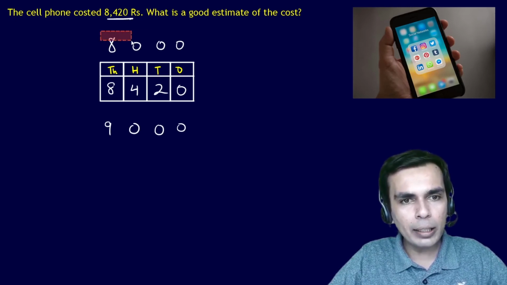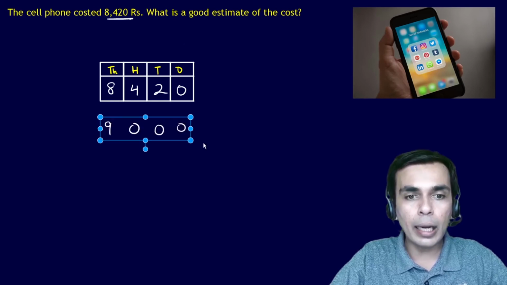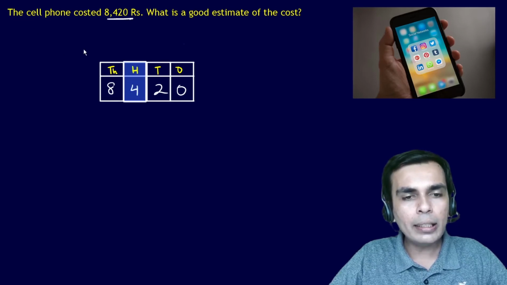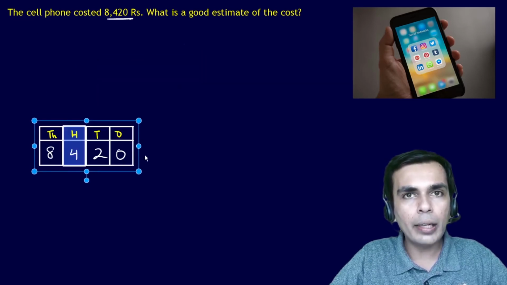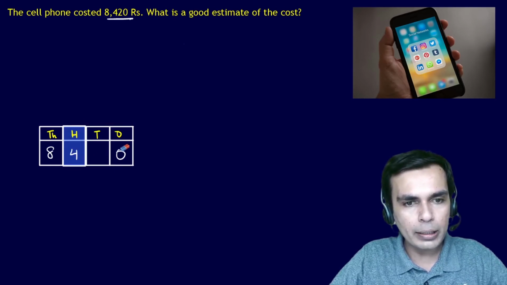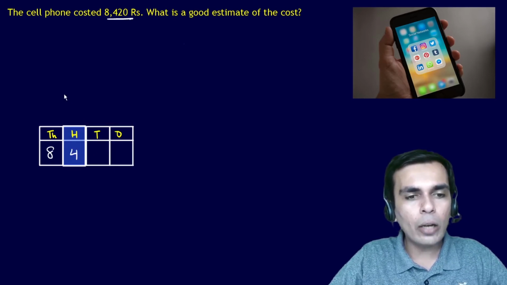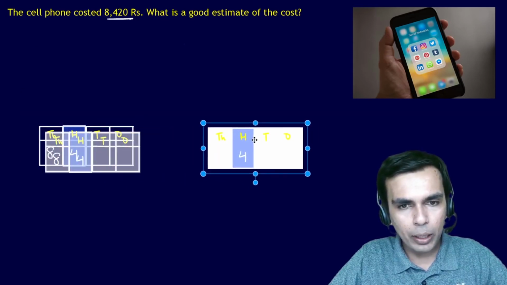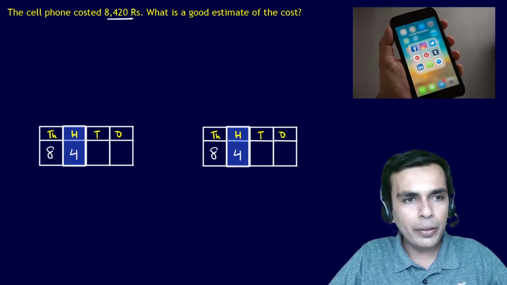So then we start thinking about the hundreds. So let's now focus on the hundreds. All right, so I've highlighted my 100 here. Now let's think about the 100 prior and the 100 after this number. So first of all, let's make the number easier. It's 8,400s. Keeping the thousands the same, let's think about the next 100.